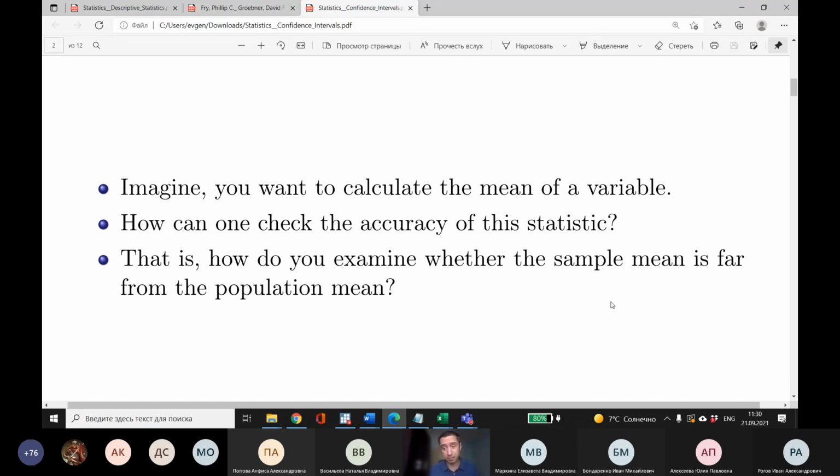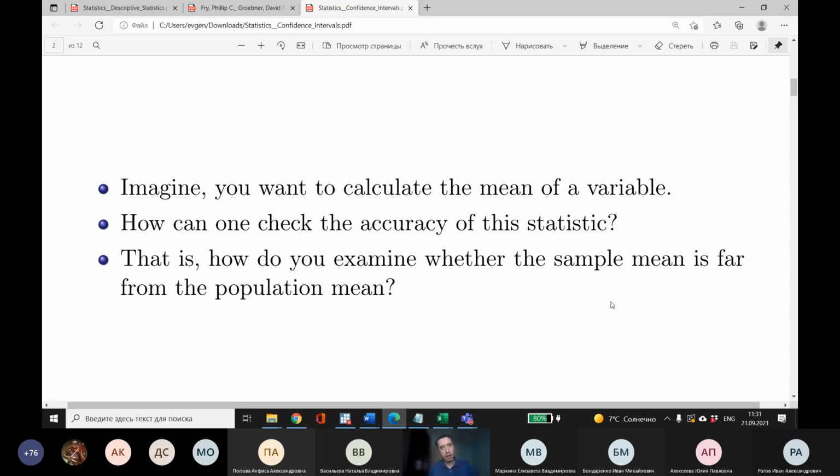Just because it is a random choice, and because of bad luck, I choose just students with high GPA. In this case, my average GPA would be too high compared to the population mean, the true GPA. It could be another situation. I'm unlucky and I survey students with low GPA, and in this case my GPA is low for sure. We cannot trust my number, because I could underestimate GPA.